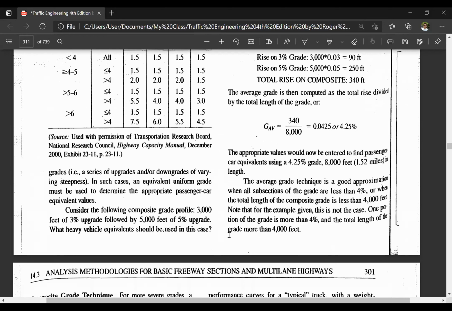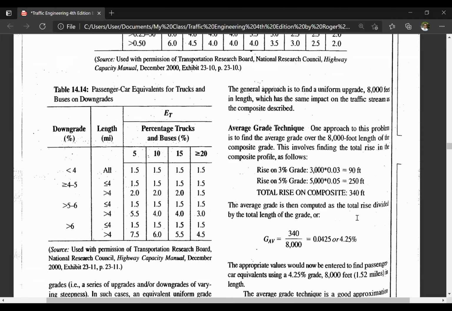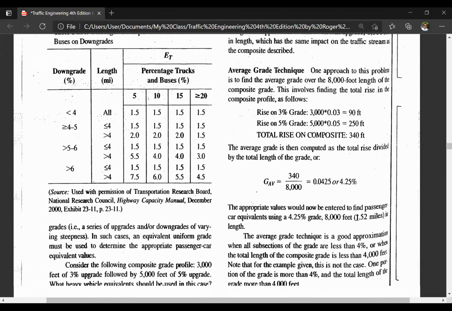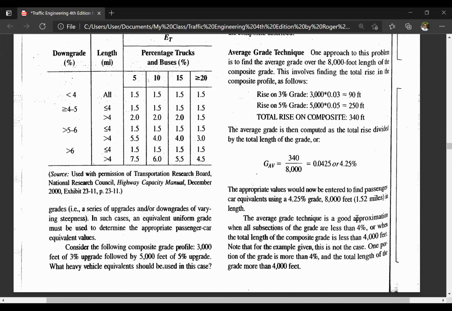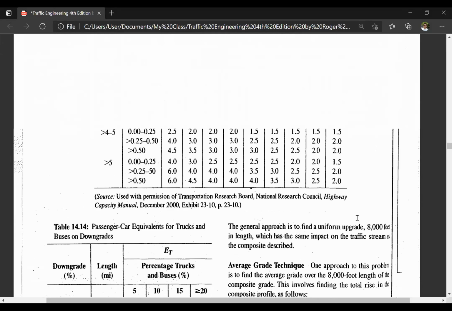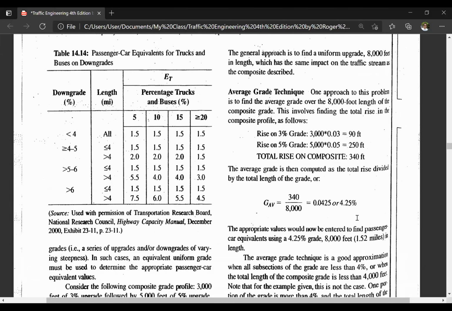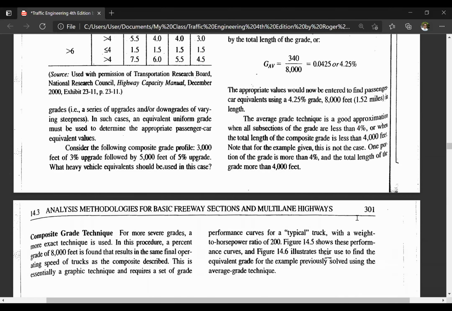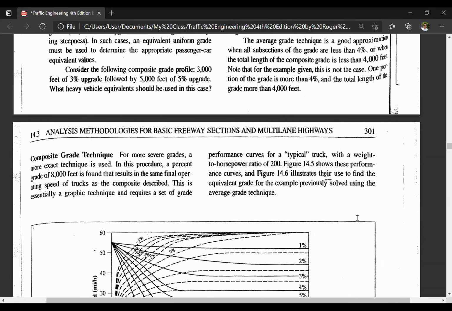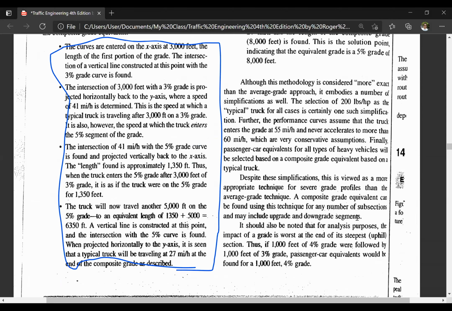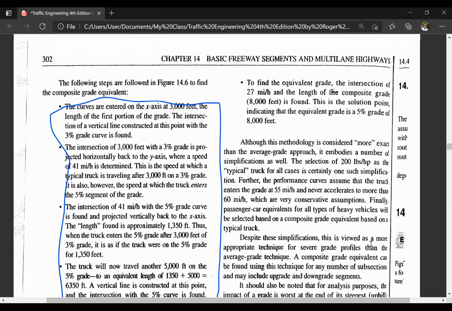What heavy vehicle equivalent should be used? It didn't say how many percent in the composite.